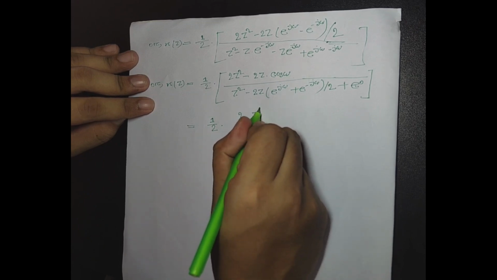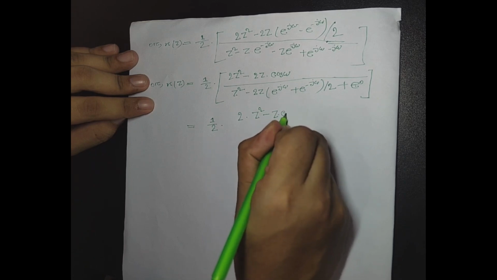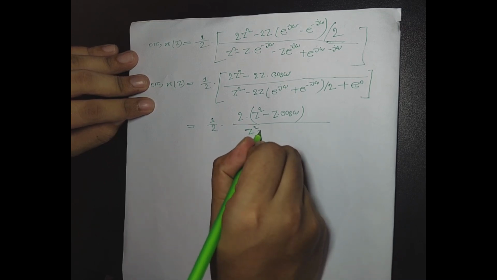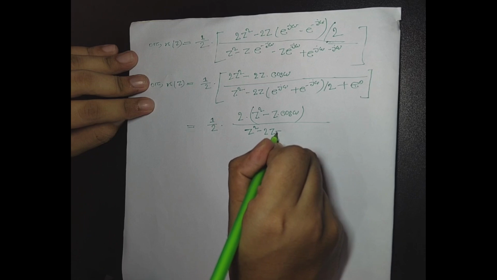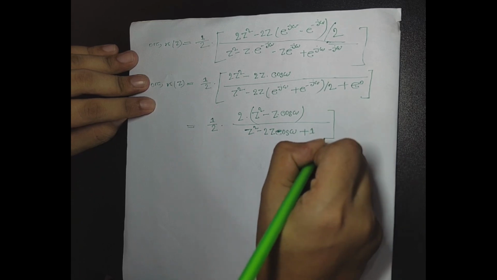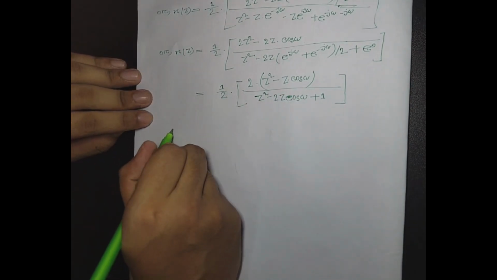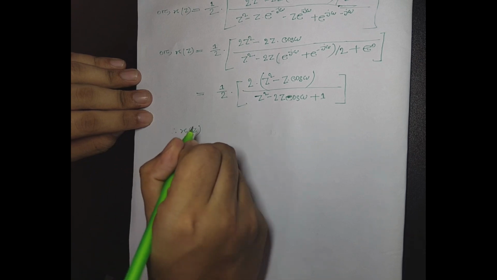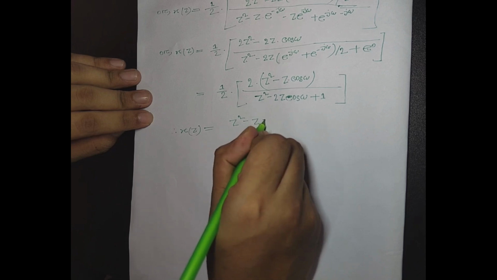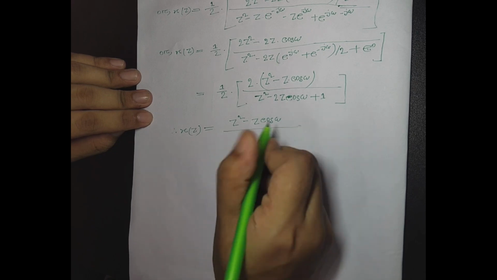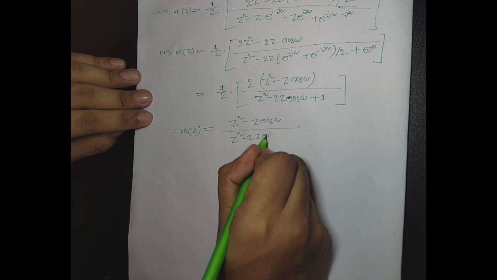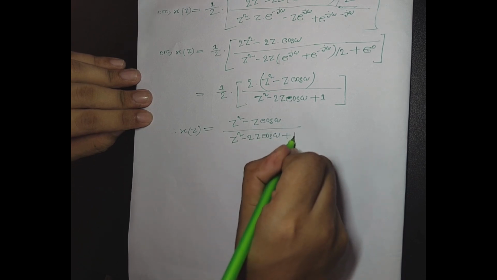into z square minus z cos ω. That means X(z) equals z square minus z cos ω divided by z square minus twice z cos ω plus 1.